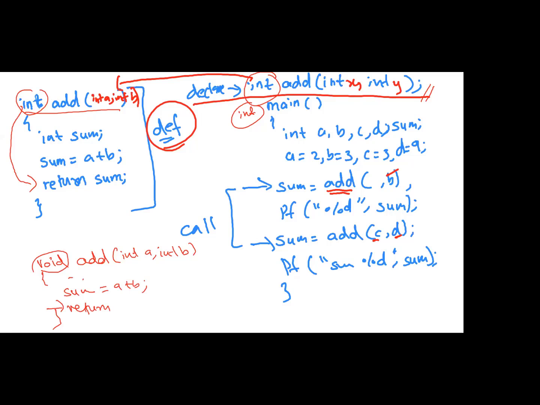If it is integer or float or character, then you return some value. So the return value should match the type. So here my type is int, that is why the return type should also be int. If it is char, the return type should be char. So it should match the value that you are returning.